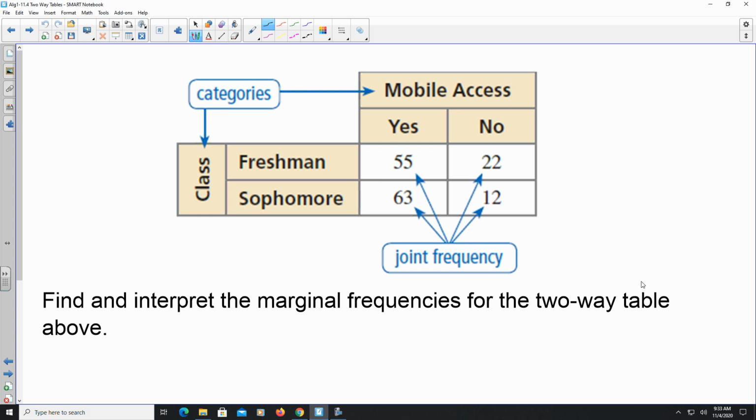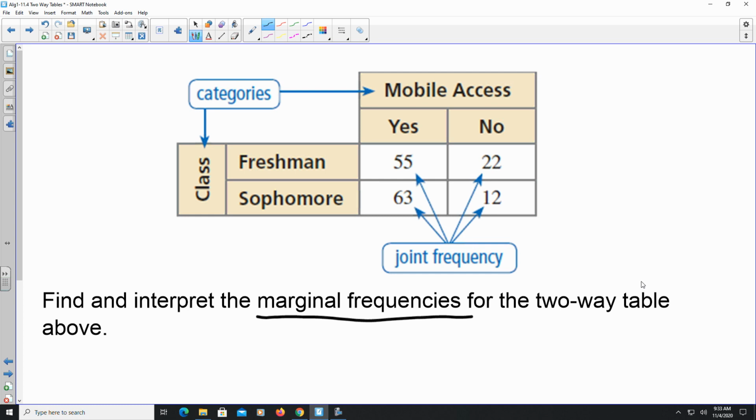So you had freshmen answer yes or no, you had sophomores answering yes or no. What they're asking us here is to find and interpret what is called marginal frequency for the two tables.